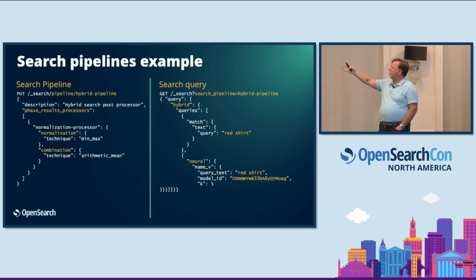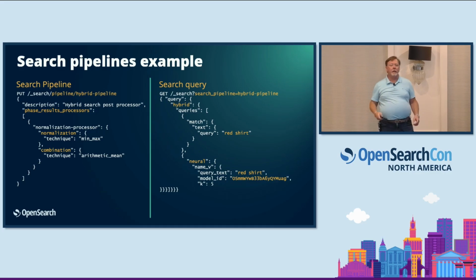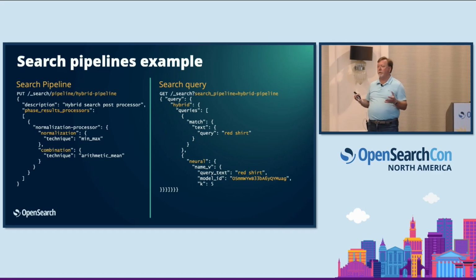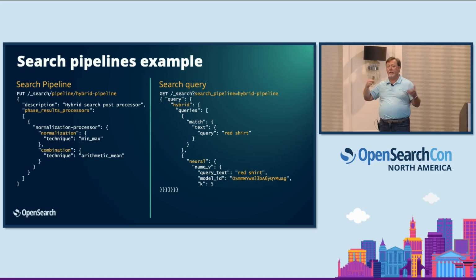It matches the text red shirt, and it runs a neural query. Neural query generates the embedding and does a vector search, right? With hybrid queries, you can have 5 of those. They don't have to be one vector and one text. Actually, the hybrid query type in OpenSearch is very capable of running multiple BM25 queries and blending, doing a lot of different stuff.